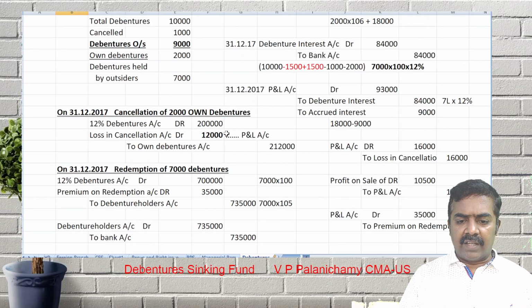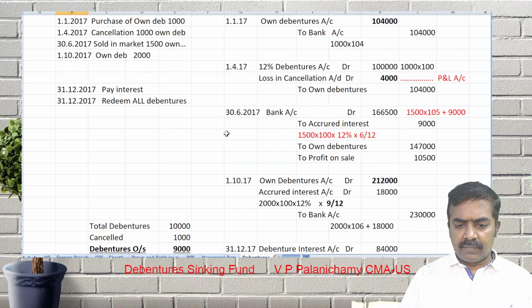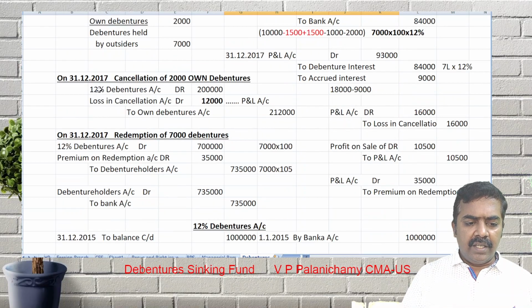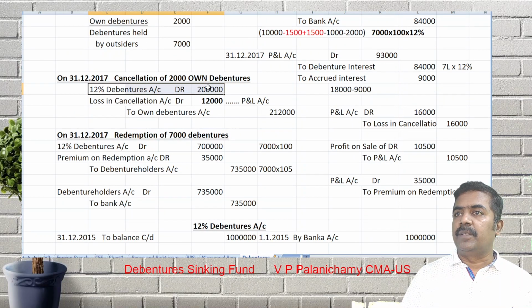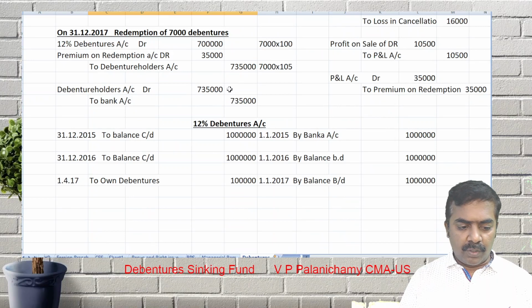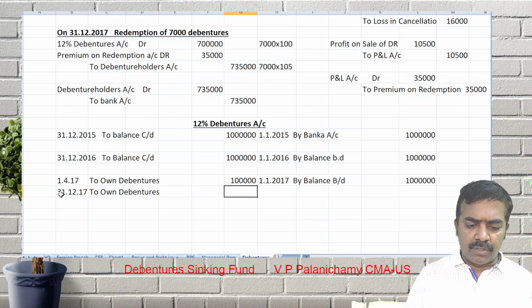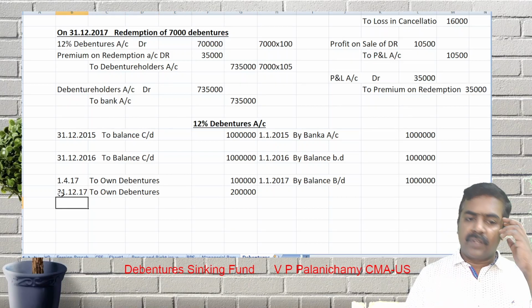Then வேற ஏதாவது cancel பண்ணிருக்கோமா? This 1 lakh 1/4/2017 வருது. வேற எங்க debentures account debit பண்ணிருக்கீங்கன்னு பாருங்க. Yes, year endல we cancelled the 2,000 own debentures. எவ்வளவு 2,000 own debentures cancel பண்ணிருக்கோம்? Debentures account debtor how much we debited? 2 lakhs. Then that is on 31/12/2017 to own debentures, and the 2,000 debentures cancel பண்ணது எவ்வளவு? 2 lakhs.